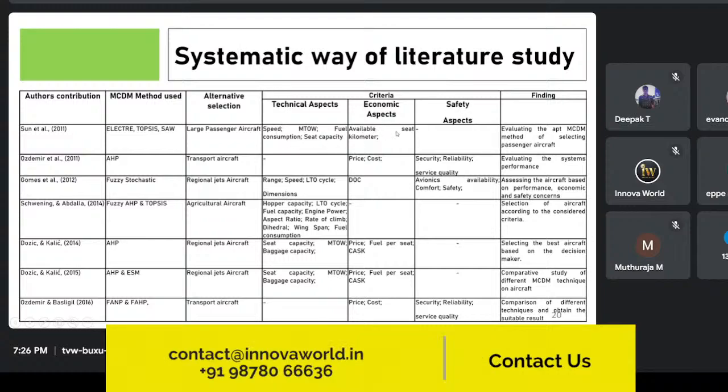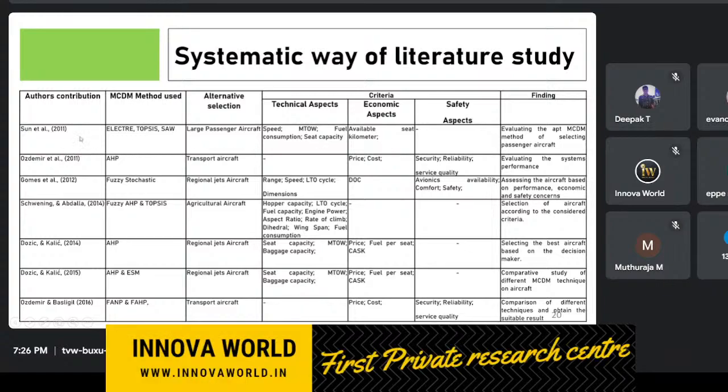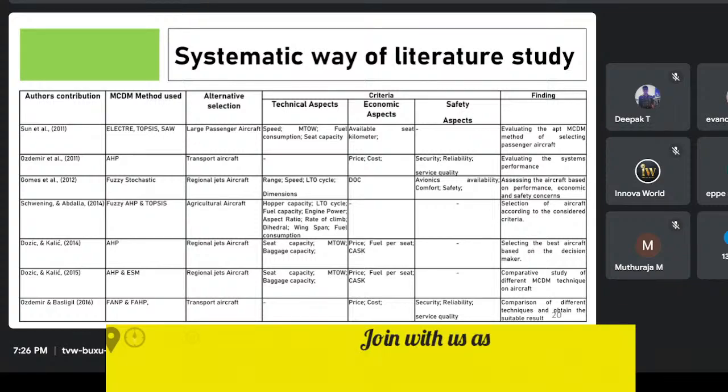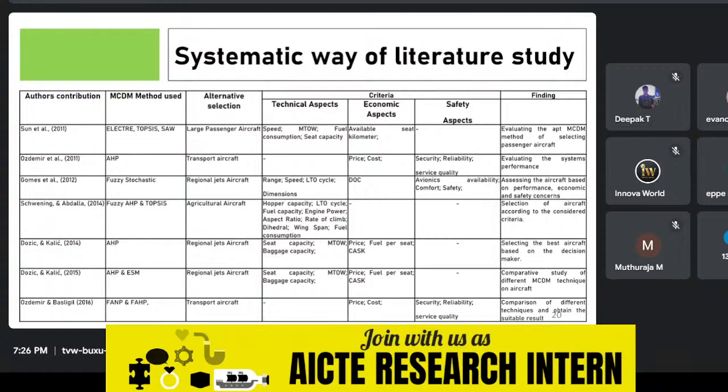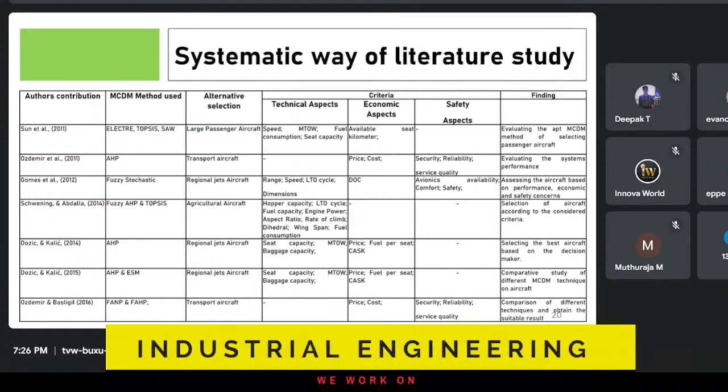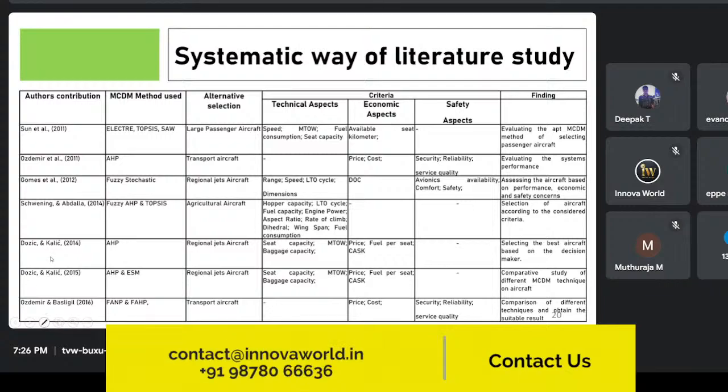These come under the economical parameters that this particular author has worked on. But this particular author has not worked on any safety aspects. I hope it's clear. Now, here at the last you can see the key finding. What is the key finding? It has also been listed over here.